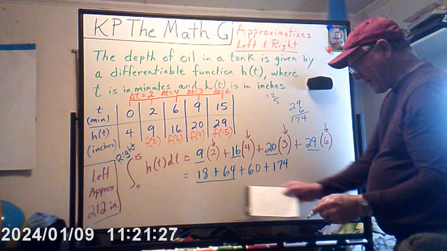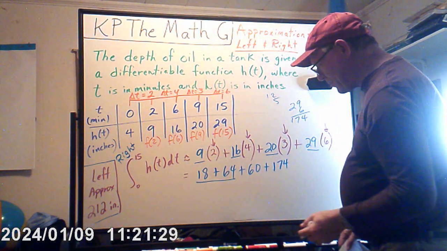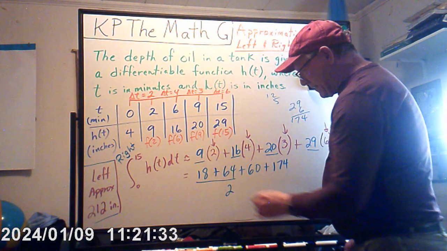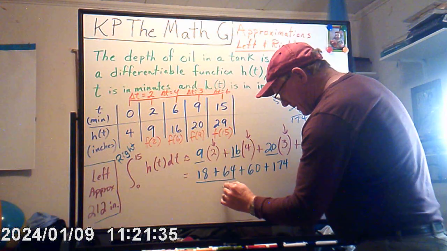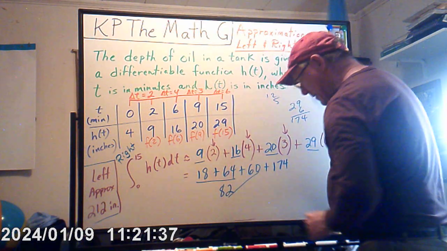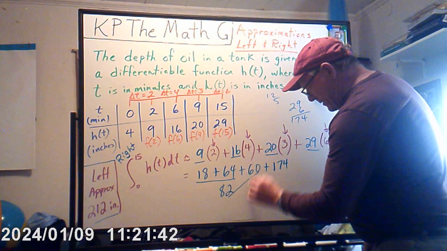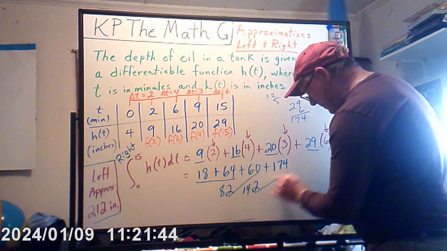Now, just group whatever you can. I like to see if I could add up to 10, but unfortunately I can't. 8 plus 4 is 12. 6 plus 1, 1 plus 6 is 7. That's 82. 82 plus 60, that's 2. 8 and 6 is 14, 142.